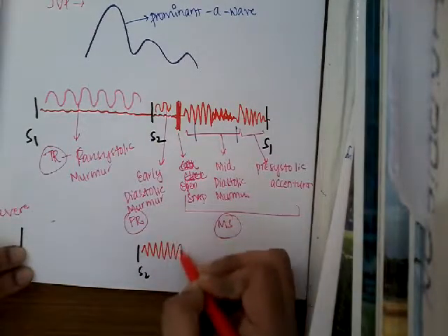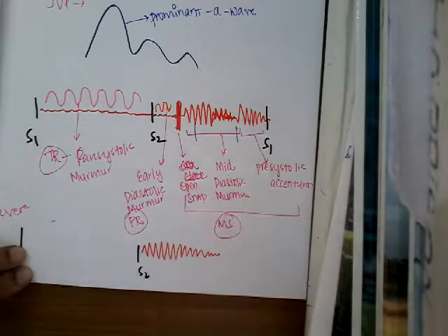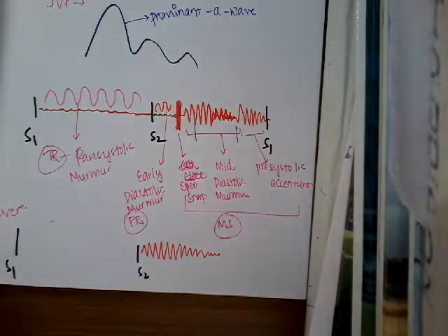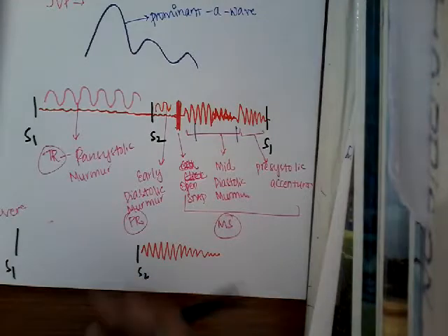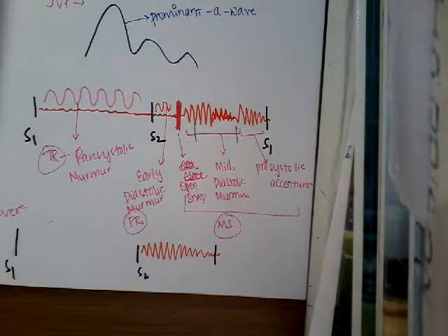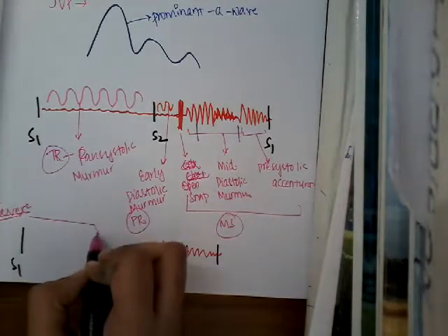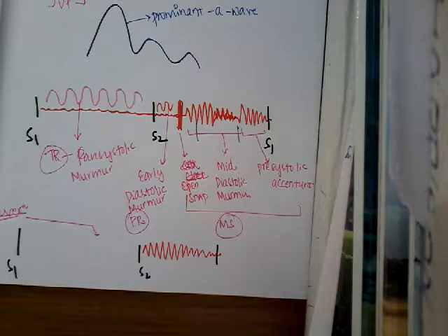The duration of the murmur increases. Even the pre-systolic accentuation is lost in the severe cases. In the severe case, you will only see a complete pandiastolic murmur. Okay. So this is what you see on examination.